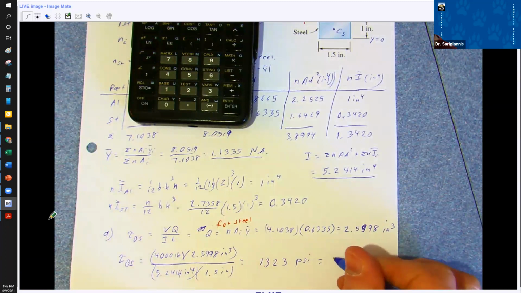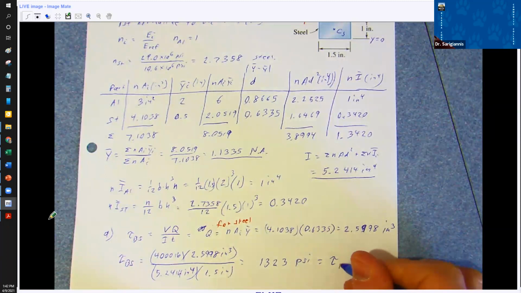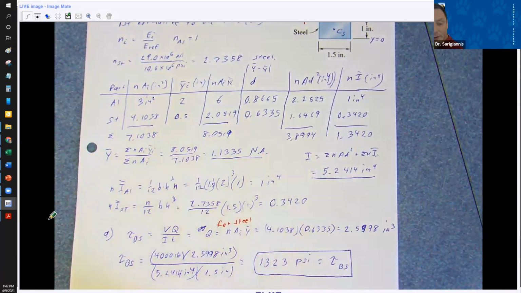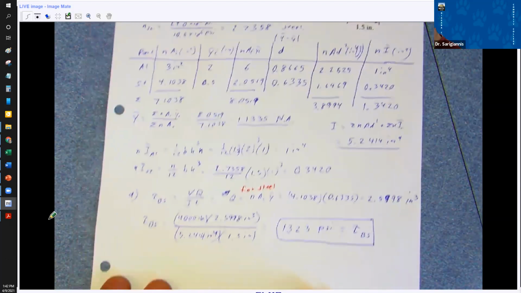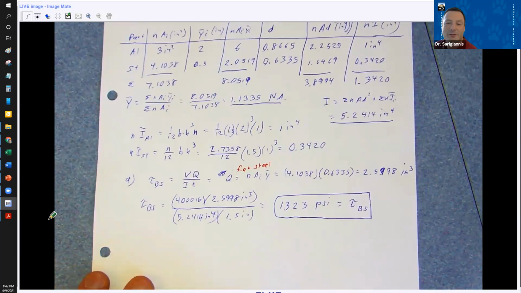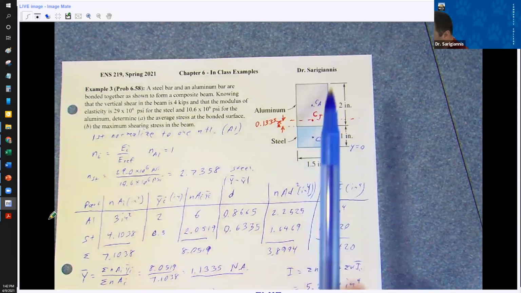That's the stress in the bonded surface, or at the bonded surface, part A. So this is the stress that bond, right, is going to experience. 1,323 pounds per square inch. And obviously the square inch comes from the fact that there's an area here, right, in and out of the page.